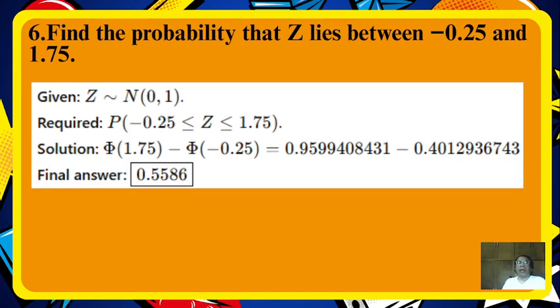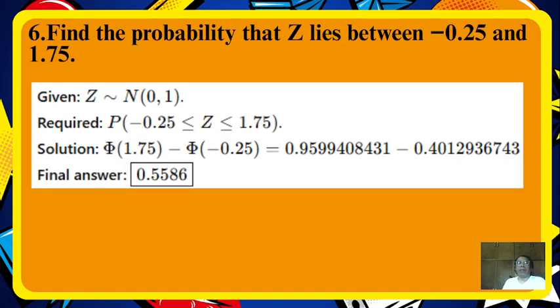And then number 6, find the probability that Z lies between negative 0.25 and 1.75. So, we are required the probability that our Z is greater than or equal to negative 0.25 but is less than or equal to 1.75. So, our solution will be the tau of 1.75 minus the tau of negative 0.25.